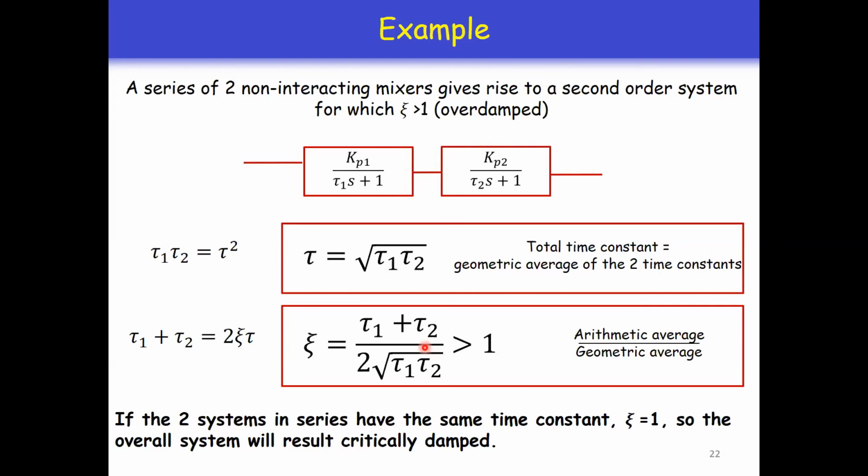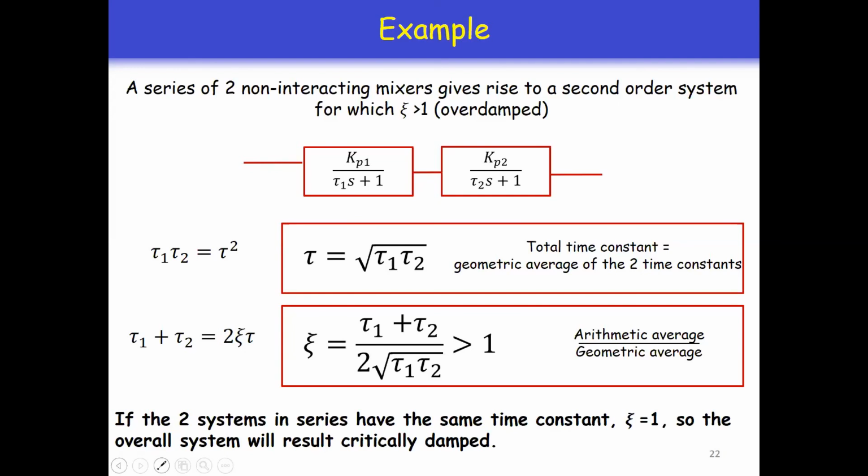Yes. So if you remember from high school or the calculus class, the ratio between the arithmetic average and the geometric average is always larger than 1. And so psi, the overall damping factor, is always larger than 1, which means that the system is over, critically, or underdamped?